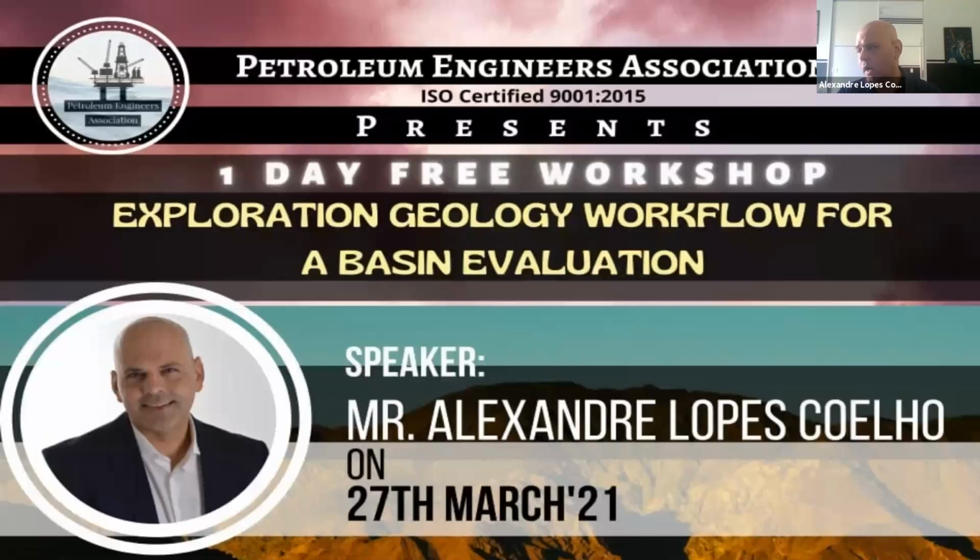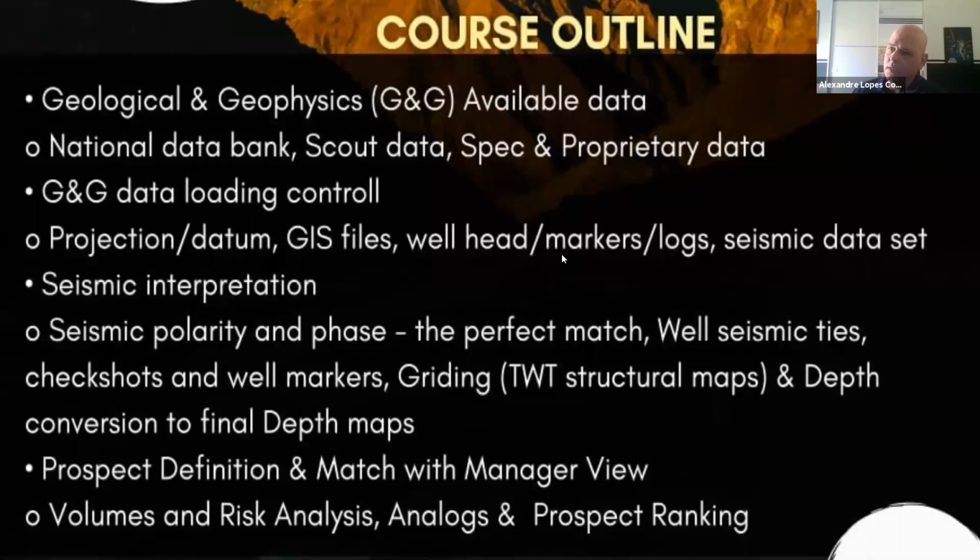And so I will start here to present what we got. So the course outline is geological, geophysical available data. We can start first to talk about it, and then we go through the G&G data loading control. That's very important for your basin and prospect evaluation.